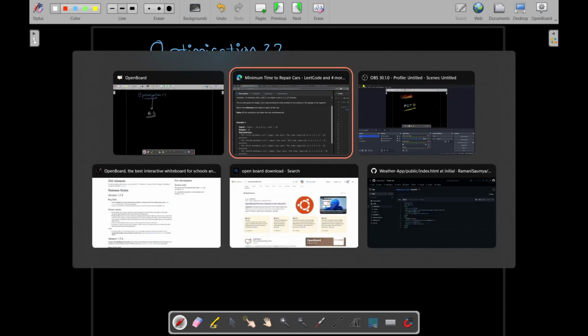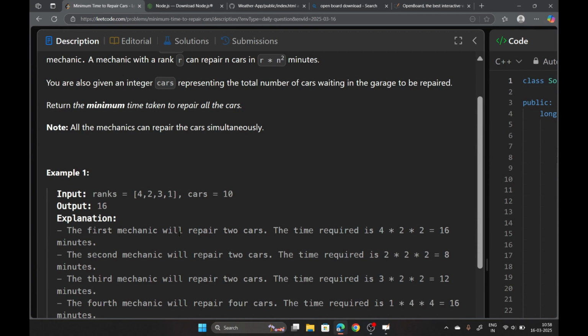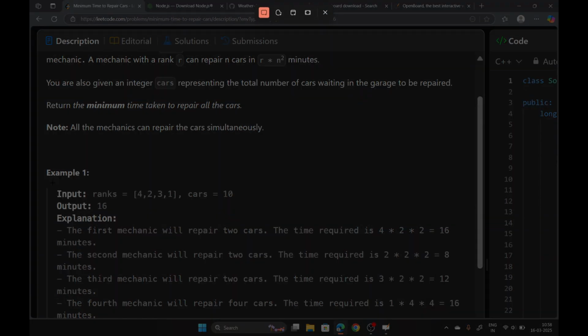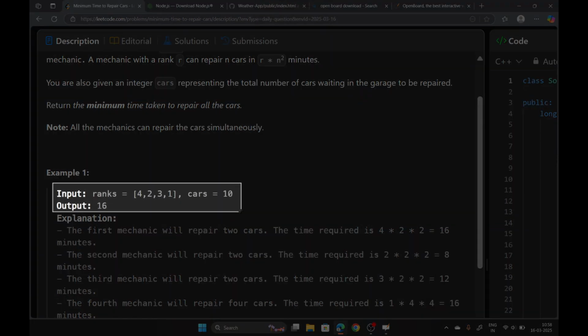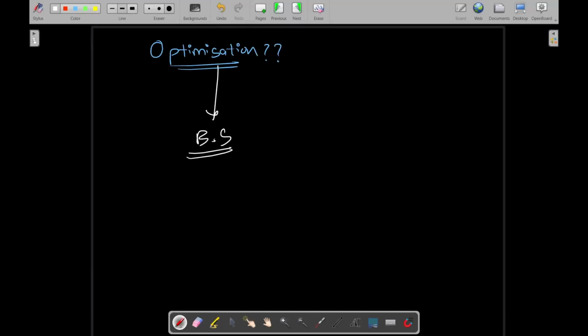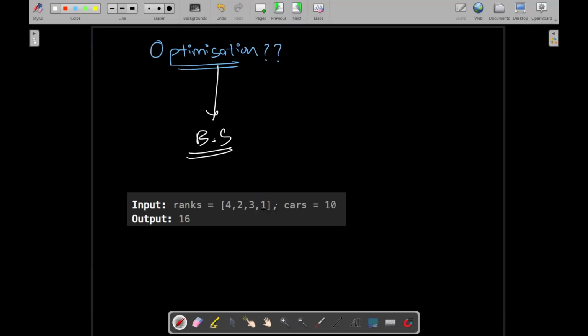Okay, let us copy this particular screenshot. So this is the test case given to us. Now for brute force, we would simply select 1 minute, 2 minutes, 3, 4, 5, dot dot dot 16, dot dot dot up to 10 raised to 14.